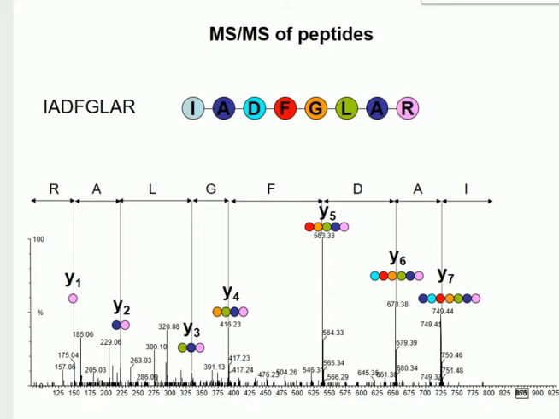But because you've got all of these fragments, you can work out what the sequence is. So that'll give you the confidence in the protein that you're eventually assigning. So you need to know the sequence. So essentially, you digest the protein and then you fragment it and you essentially get the entire sequence eventually.